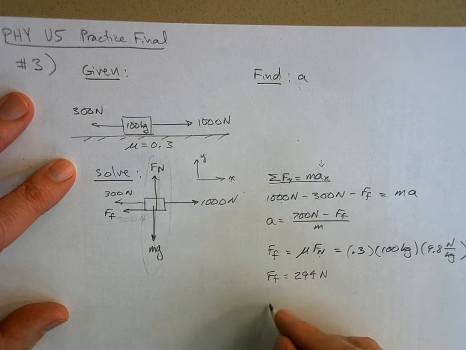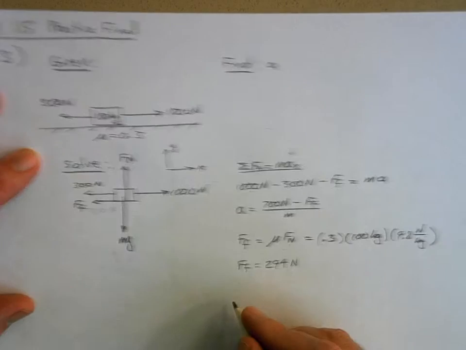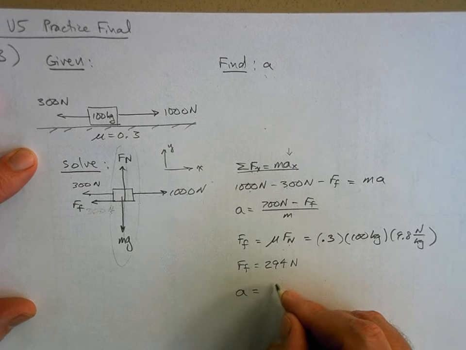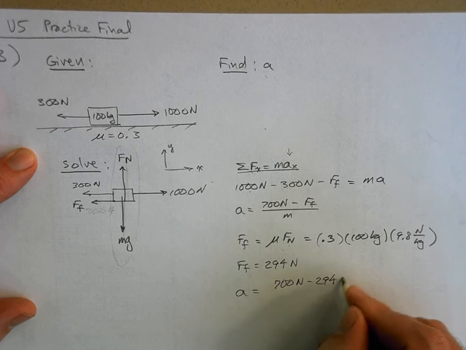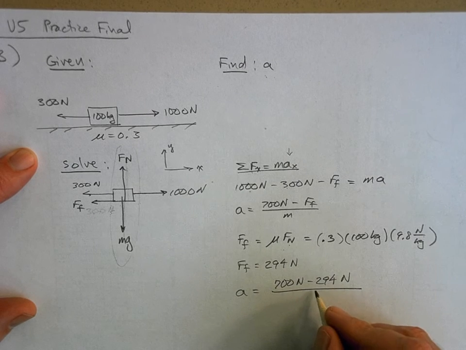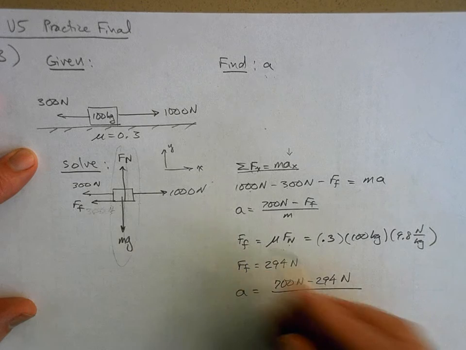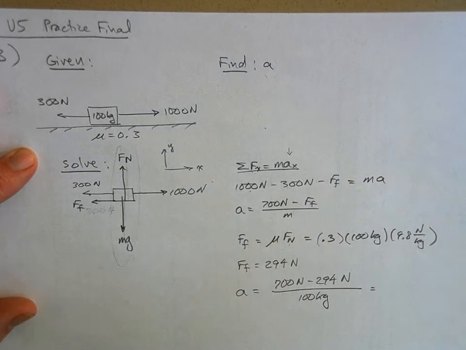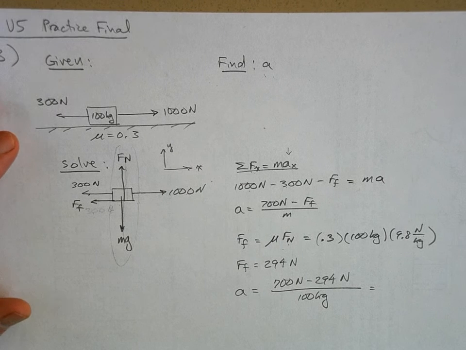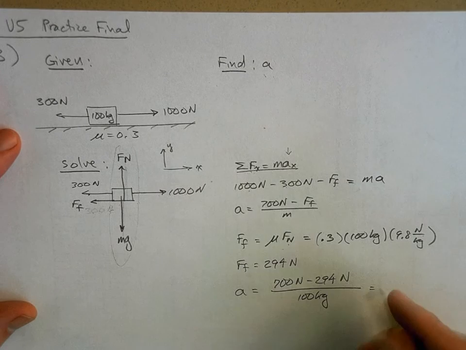So now I can solve for a. 700 newtons minus 294 newtons divided by the mass, which is 100 kilograms. So 700 minus 294 equals 406. Divide that by 100, and you get 4.06.